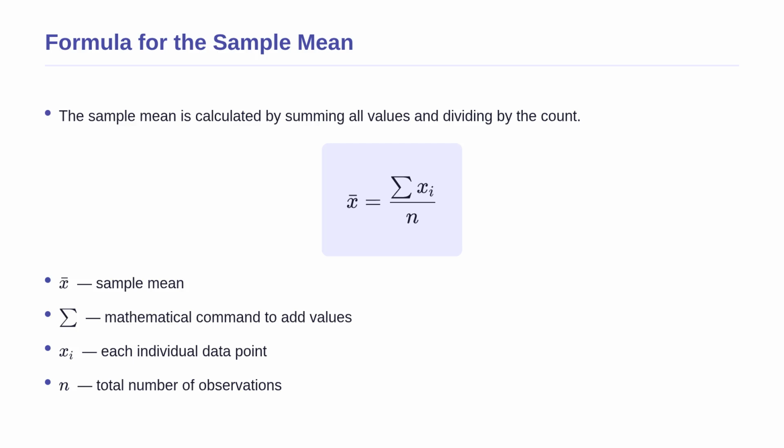Let us translate the concept of the mean into its mathematical formula. The formula for the sample mean is x bar equals the sum of xi divided by n. Here, the symbol x bar represents the sample mean we are trying to find. The Greek letter sigma is a command that tells us to add up all the following values.